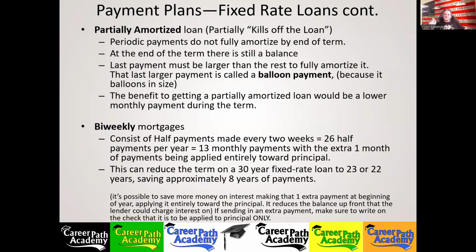Yeah, you can knock 7 or 8 years off of the loan payments just by making that one extra payment a year and applying it towards the principal.